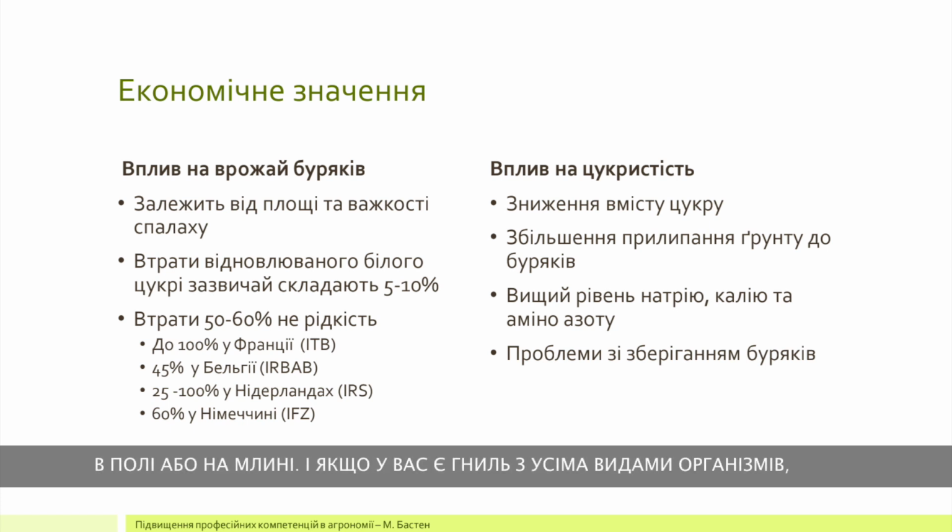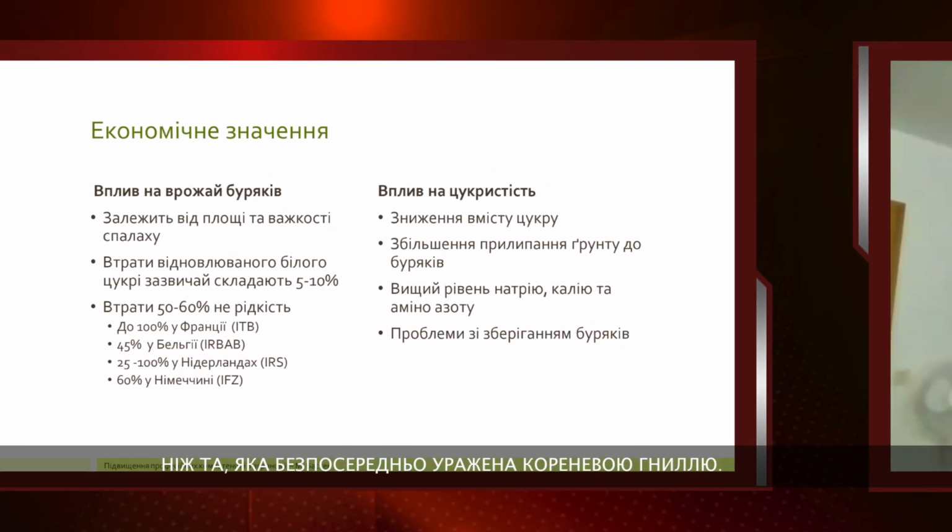And then some of the beets need to be stored either in the field or at the mill. If you have a rot with all kinds of organisms causing it, this rot can spread in the piles of beet, and it can affect an even bigger part of the harvest than the one directly affected by the root rot.